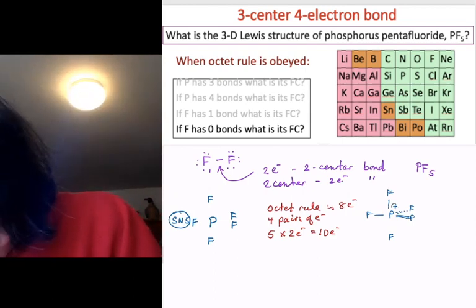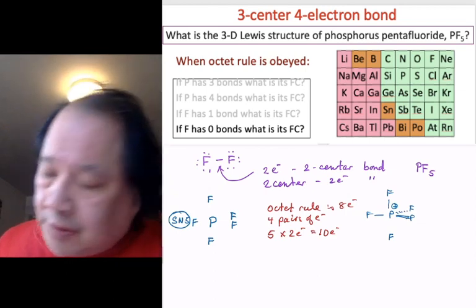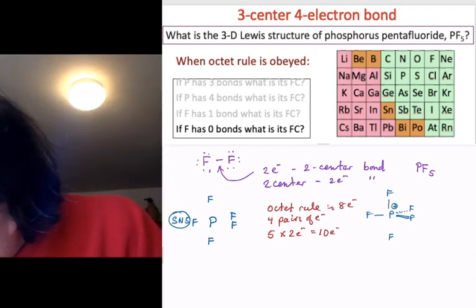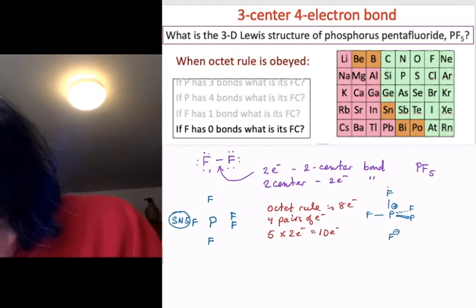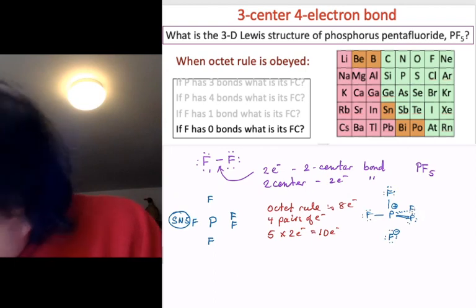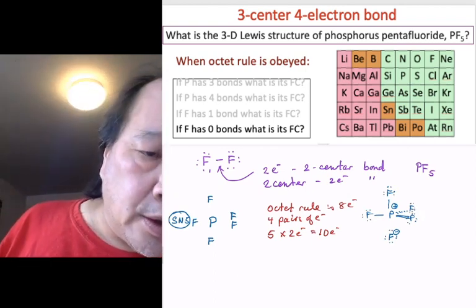And notice I don't write the numbers. If it's 1, it's just plus. That means plus 1. There's the fluorine with no bonds. It's minus 1. I draw my lone pairs so that everyone obeys the octet rule. And there's so many things wrong here.